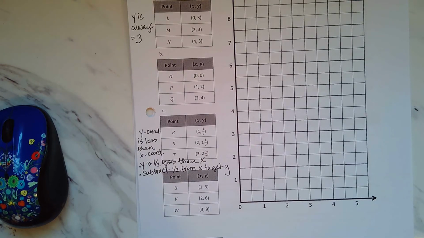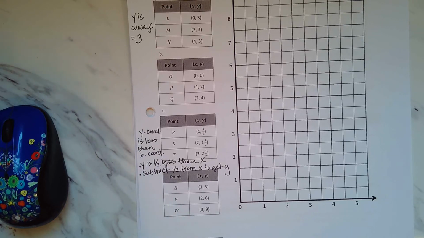Which chart shows coordinate pairs on a line that follows the rule y is x times 2? Y is equal to x times 2.